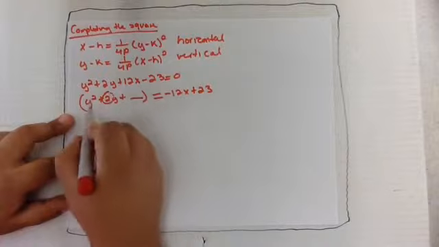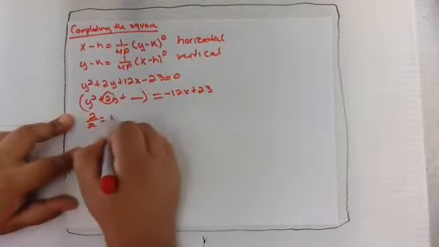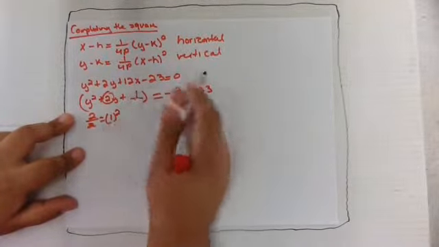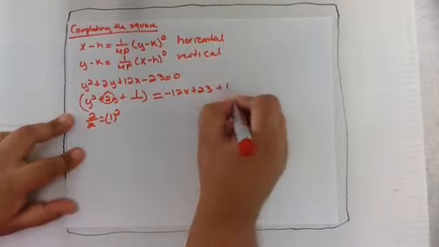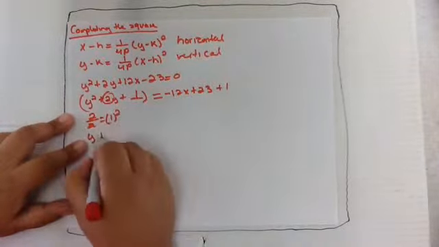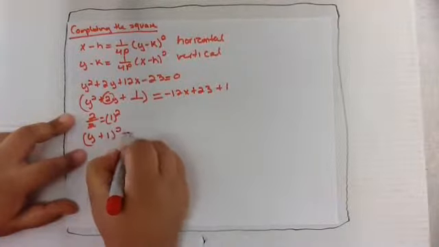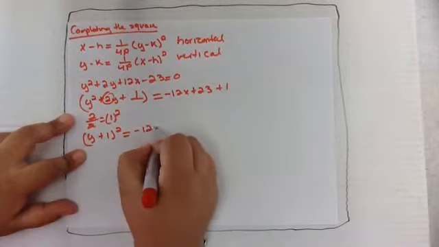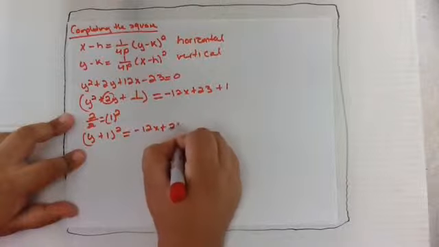Now we can complete the square. So 2 divided by 2 will give us 1. Square will give us 1. So we need to add 1 to the other side. So this is going to give us y plus 1 squared equals negative 12x plus 24.